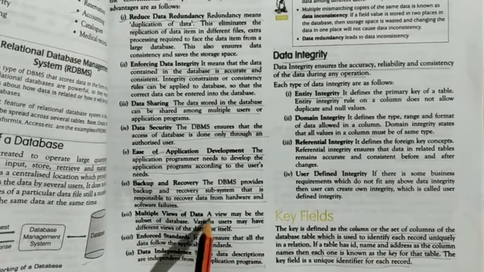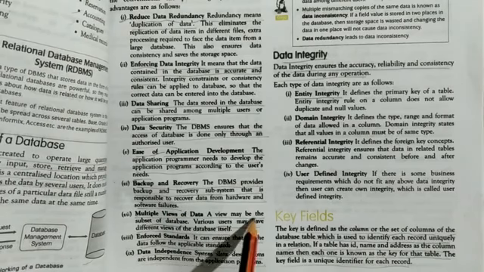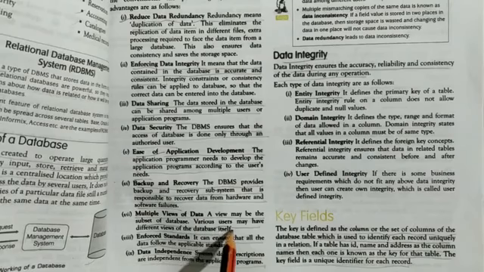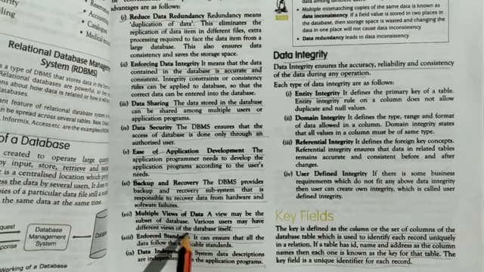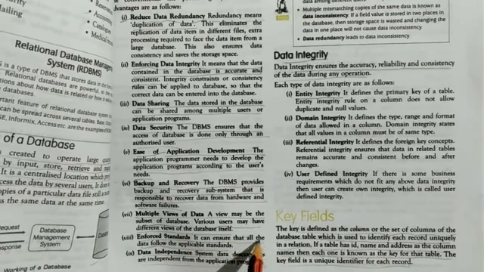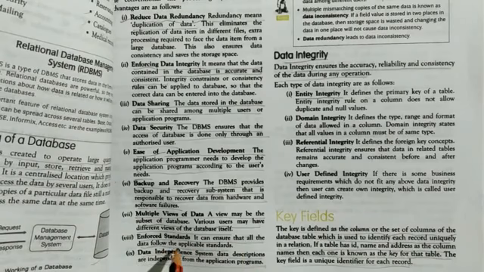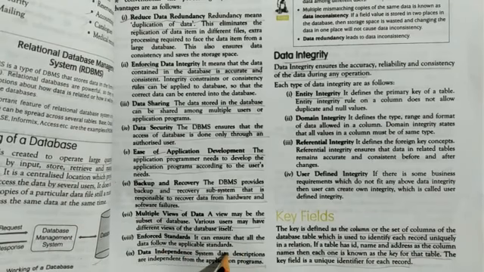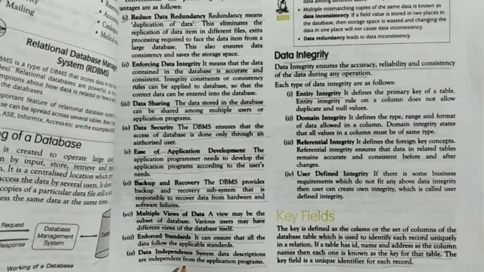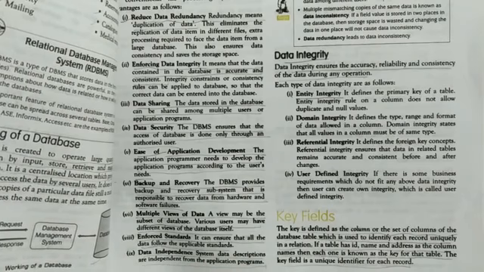Multiple views of data. A view may be a subset of the database. Various users may have different views of the database itself. Enforce standards. It can ensure that all the data follow the application standards. Data independence. System data descriptions are independent from the application program.